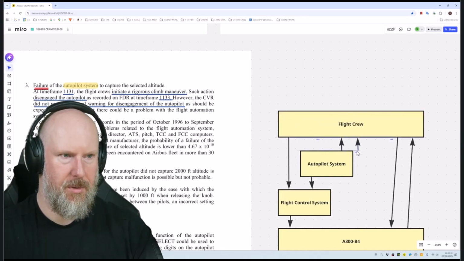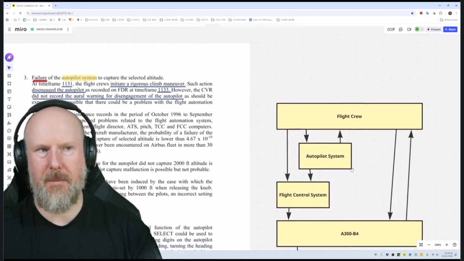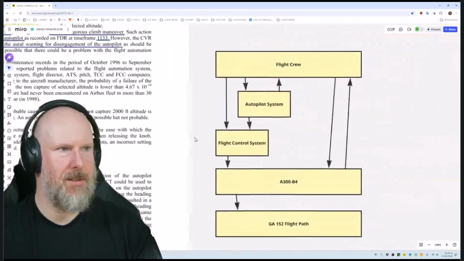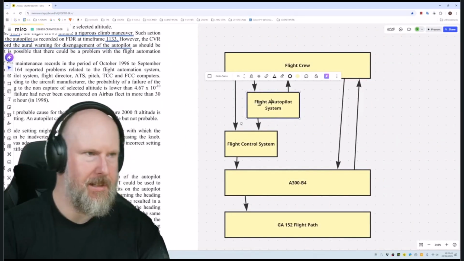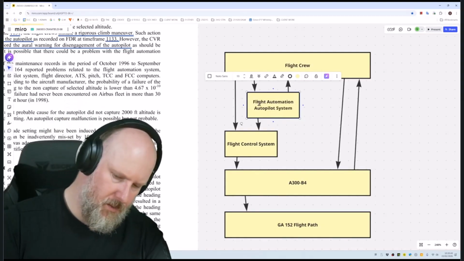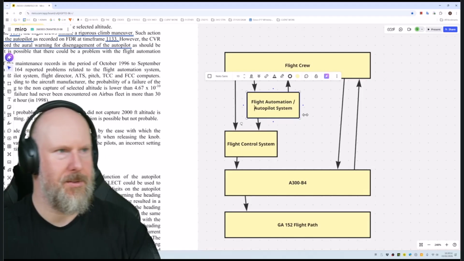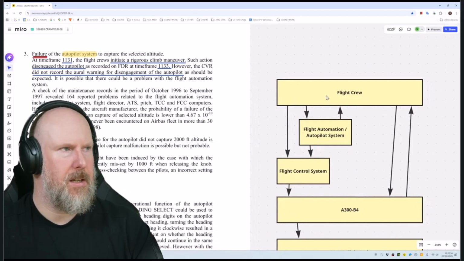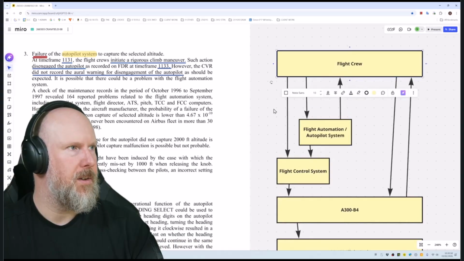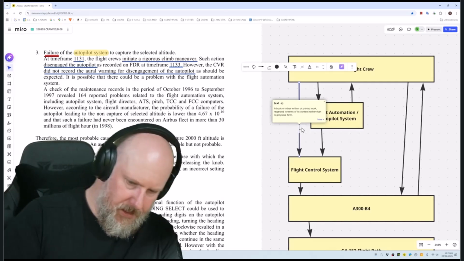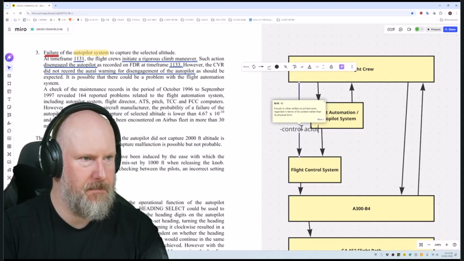Of course, the flight crew are providing some kind of control actions into the autopilot to tell it what speed mode it needs to be in. So that, where is it? Flight automation. So I'll just put flight automation autopilot. There we go, that's right. Right, so the crew, let's have a look. Yeah, so this is control altitude.